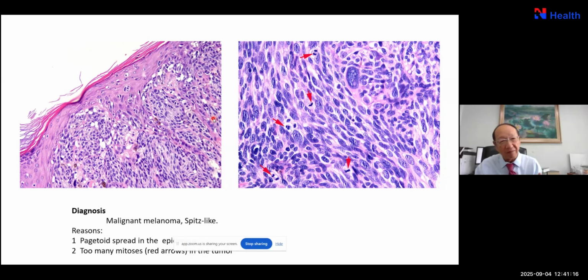So when we look back again, sometimes Spitz nevus in children is indistinguishable from melanoma. Actually, the original report from Sophie Spitz in 1948 or something like that has the title melanoma of childhood.